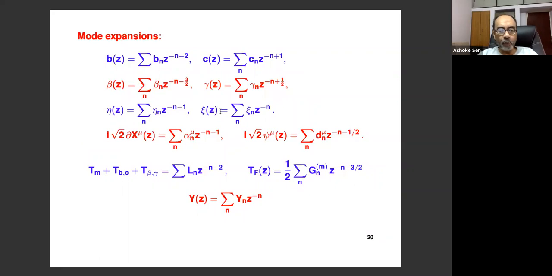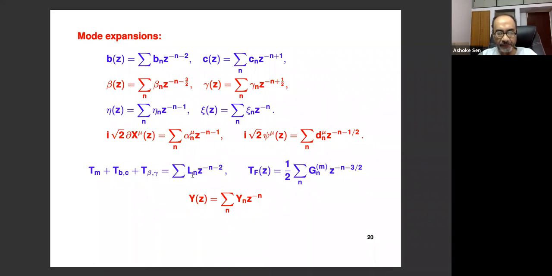So here are the mode expansions of various fields. These coefficients basically reflect the conformal weights of the corresponding fields. For example, this 2 represents the fact that b has conformal weight 2. c has conformal weight -1, that's why this is +1, and so on. And so these are the elementary field mode expansions, and the other two things I'll need are the mode expansion of the total energy momentum tensor, which is here.